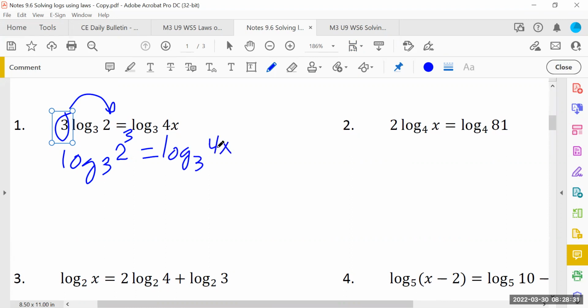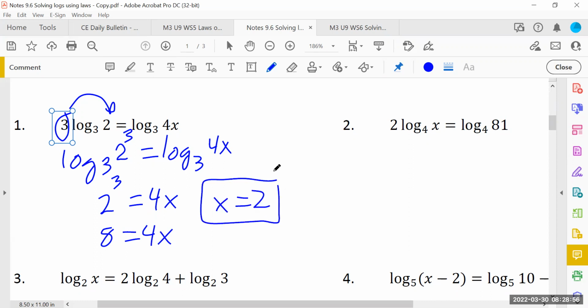Once I get it to log base 3 equals log base 3, I can make a new equation with just the insides. So 2 cubed equals 4x. 2 cubed, 2 times 2 times 2, would be 8. 8 equals 4x. Divide both sides by 4 and we get x is 2. There's our answer.